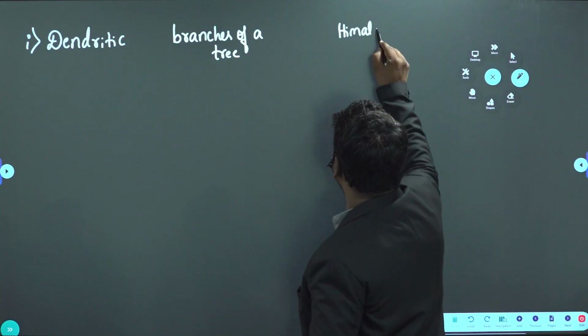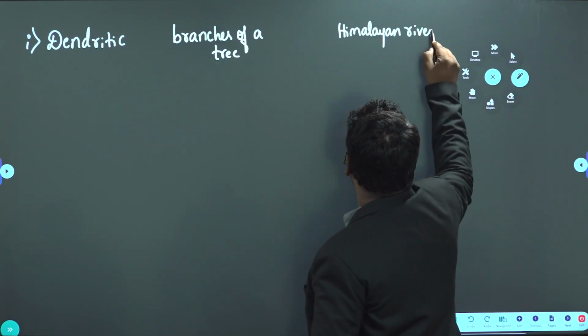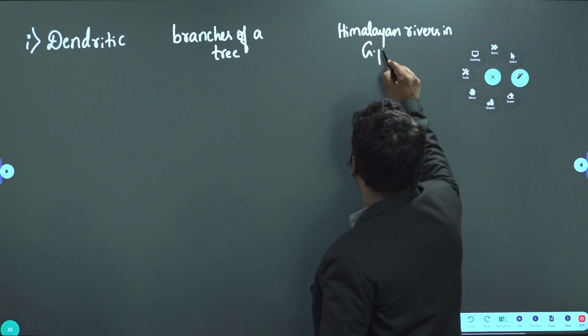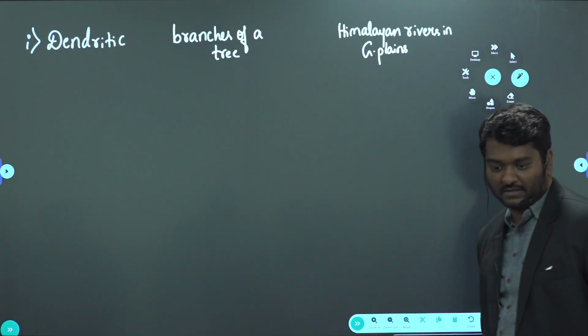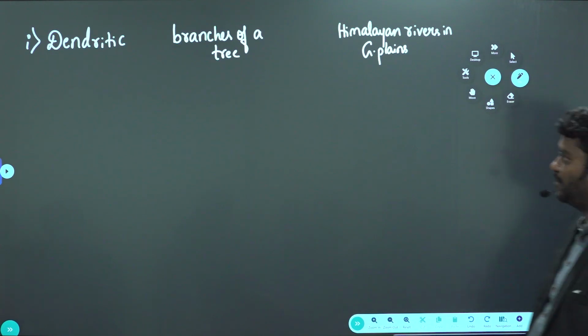This is shown by Himalayan rivers in Great Plains.